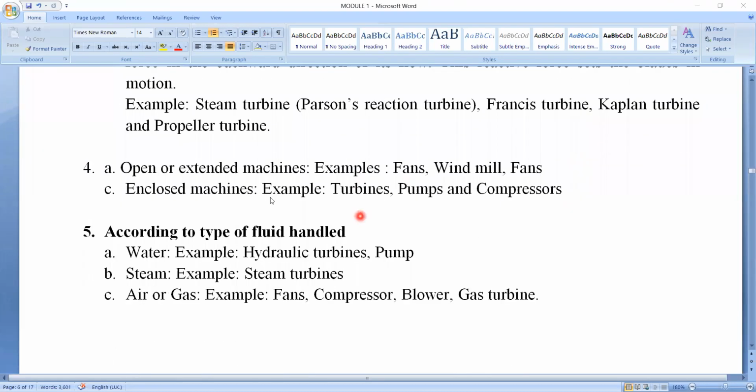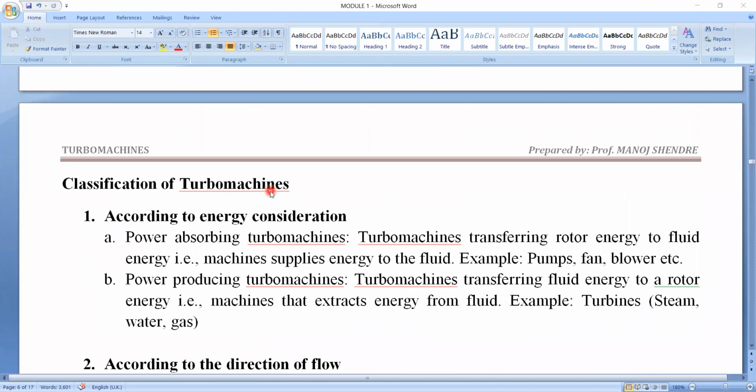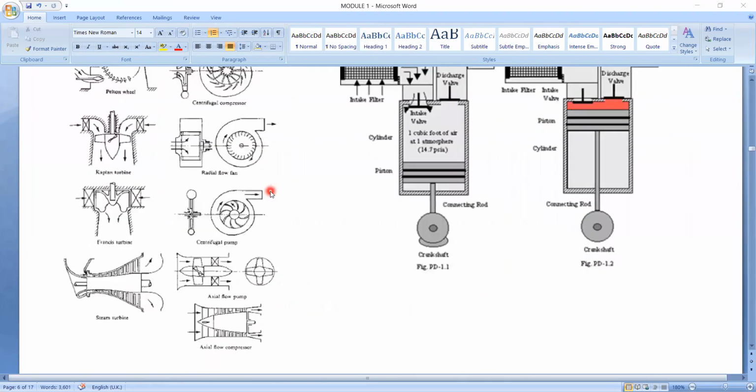Okay, the next classification is open or extended machine. The best examples are fans, windmills, ceiling fans. Open or extended machines, listen here carefully, are the turbo machines in which we are not using any casing or housing. In the first lecture we discussed that casings are an important part of any turbo machine.